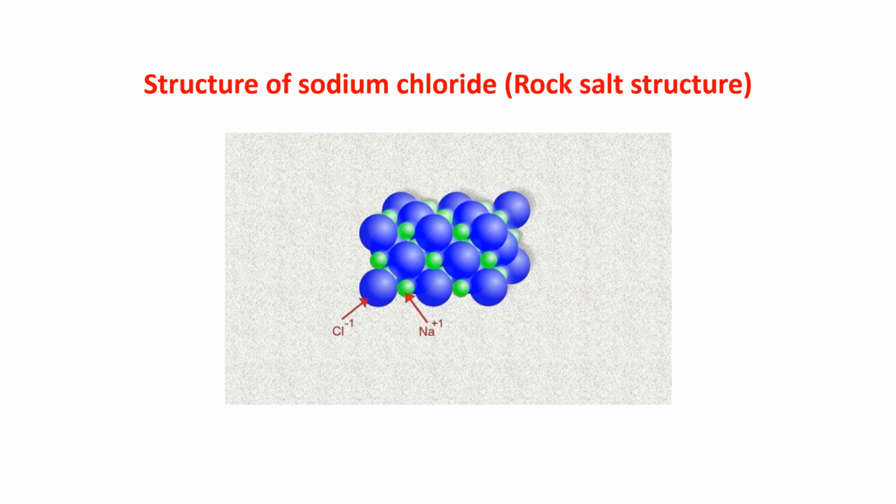Now this is the structure for sodium chloride, rock salt structure. Cl minus is shown by blue and Na plus is shown by green color. Now there is a close packing structure, and just see that they are adjusted among themselves in this way. The elaborate structure I am coming to in the following slides.